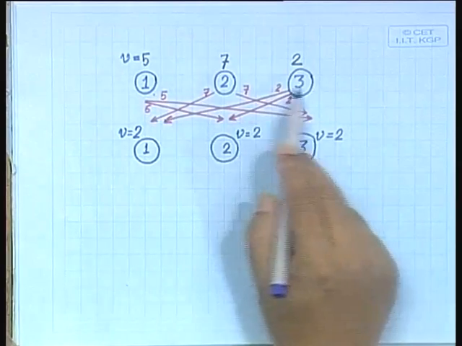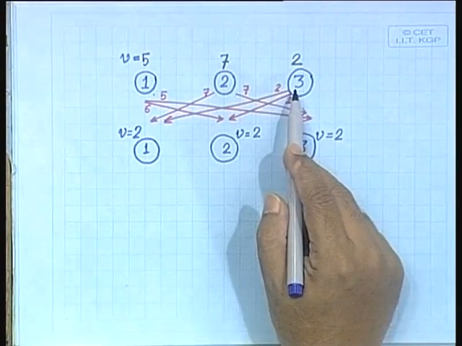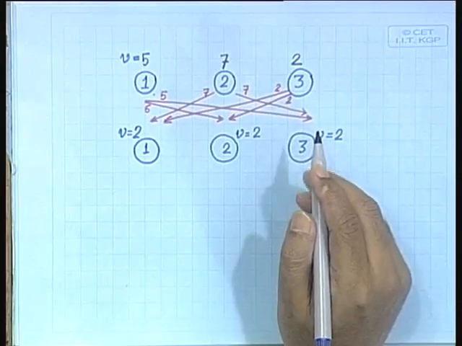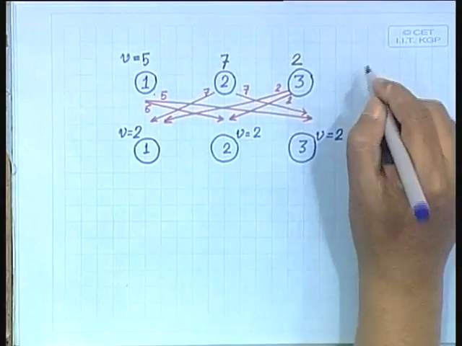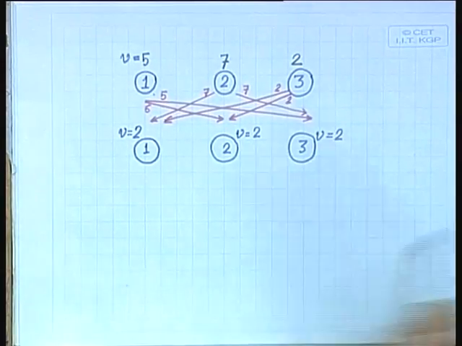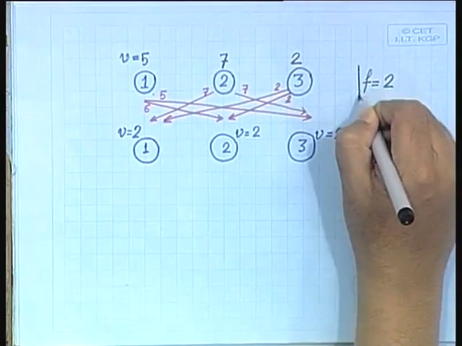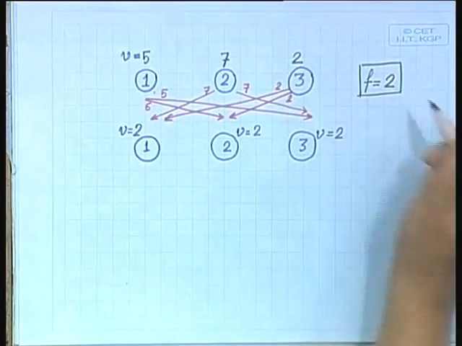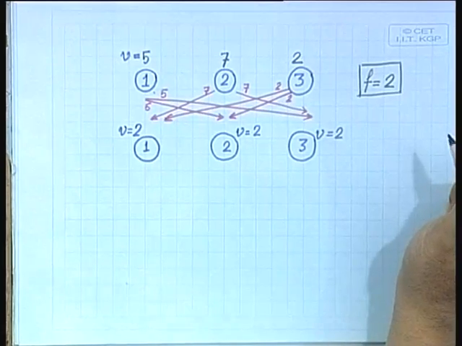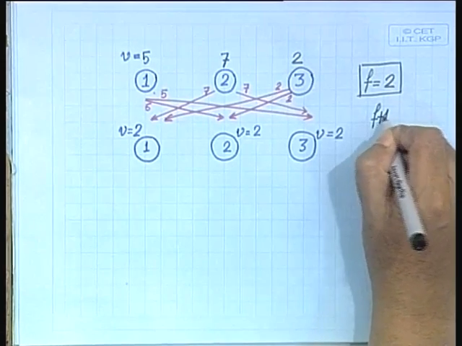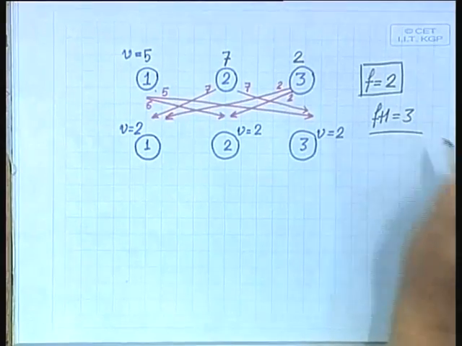So, I have 3 processes, and let us say I have to know what is my value of f. Suppose f is 2, then how many rounds do I have to go through? 3, because f plus 1 is 3. So, I will have to go through 3 rounds.